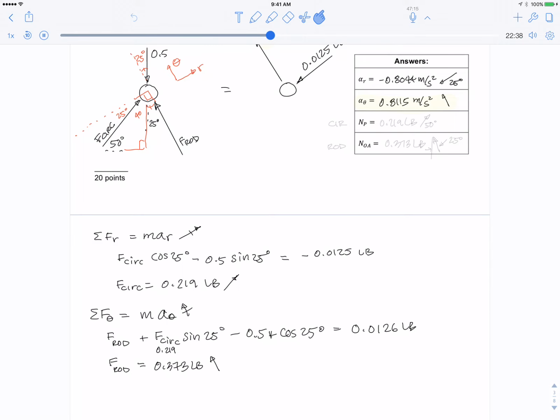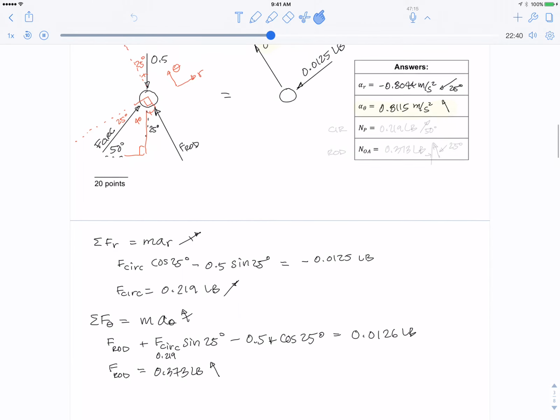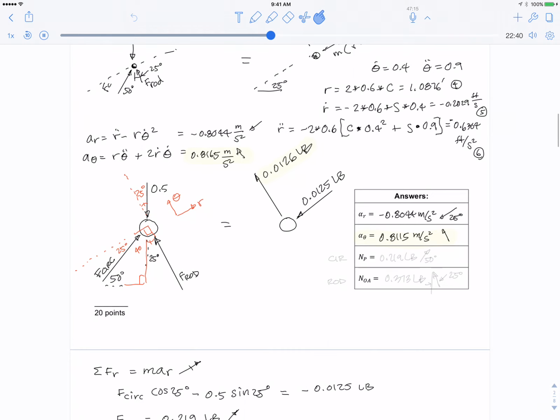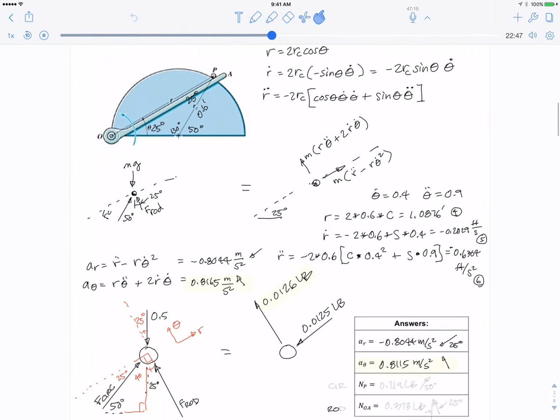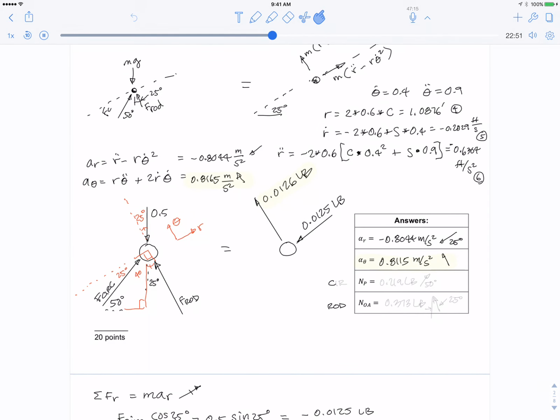Okay, so writing in the answers, I had a hard time. I had to look at what P and OA were. So OA was the rod, and so this was the force of the rod on the circle, and then this was the rod on the pin, and this was the circle on the pin.